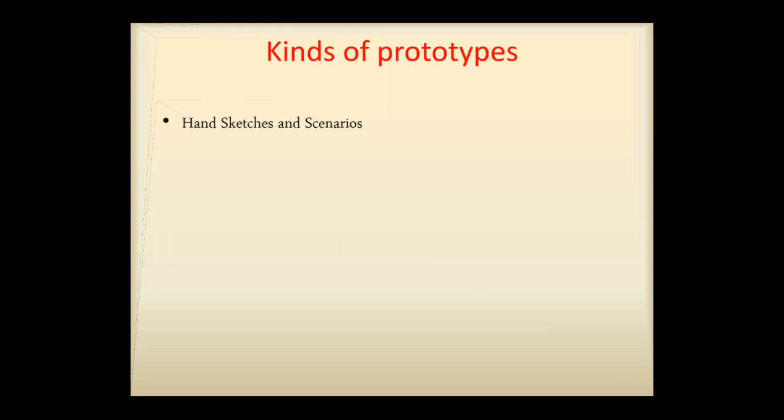But it also has some disadvantages: a hand sketch is just a rough approximation, and it is limited in providing an understanding of both the navigation as well as the flow, right?